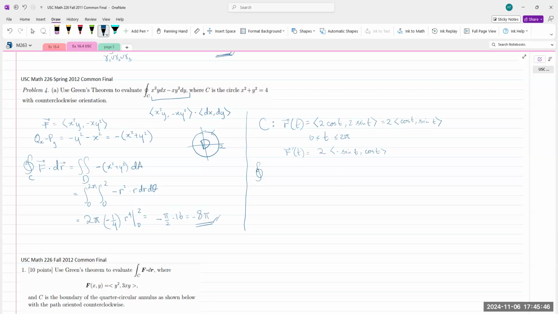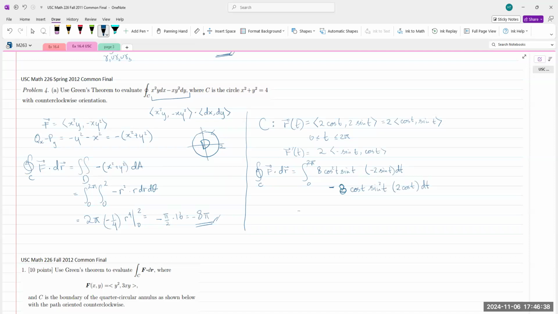So the integral over the closed curve C of F dot dr equals the integral from 0 to 2 pi of x squared y, that's 8 cosine squared t sine t, dx will be negative 2 sine t dt, minus x y squared, that's 8 cosine t sine squared t, dy will be 2 cosine t dt.